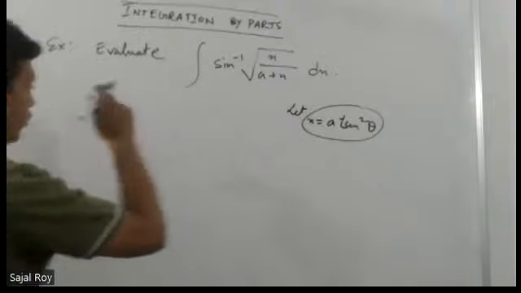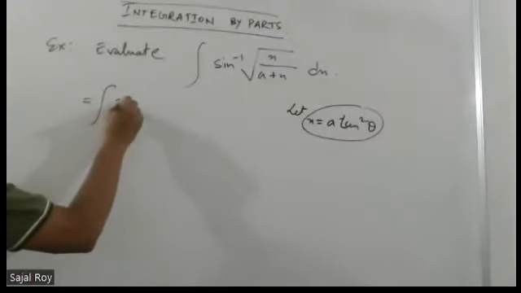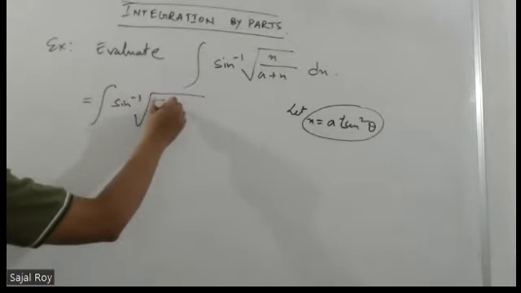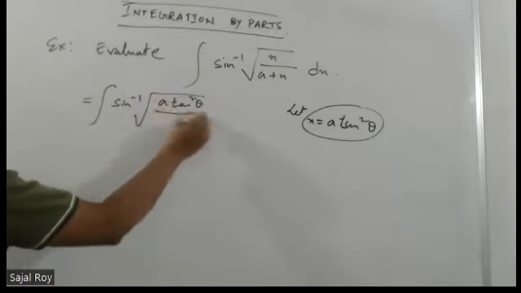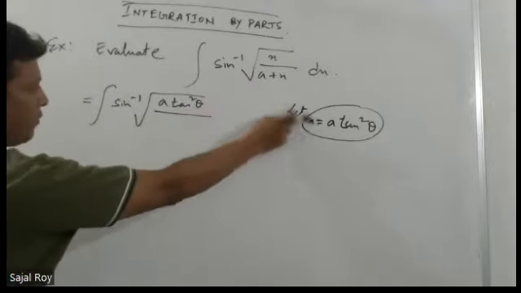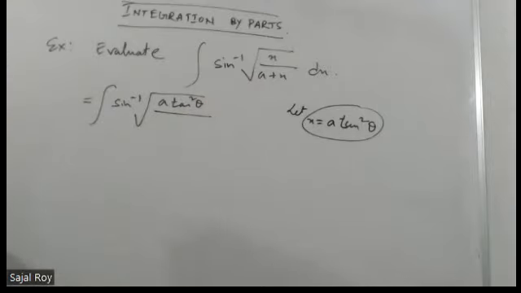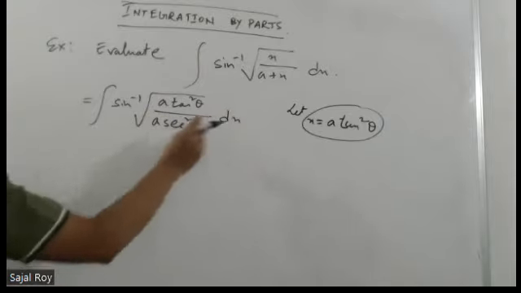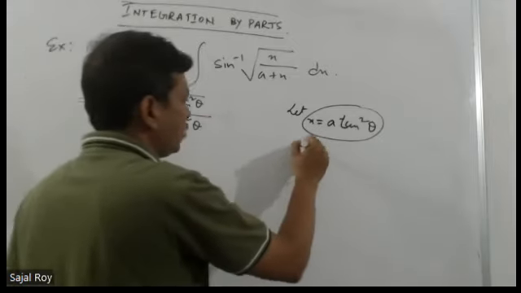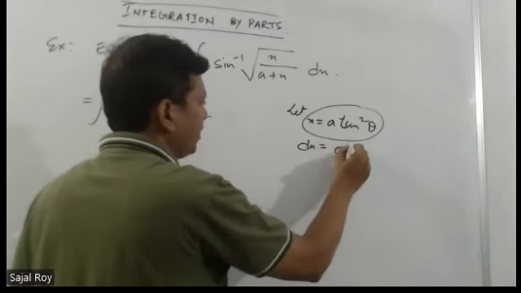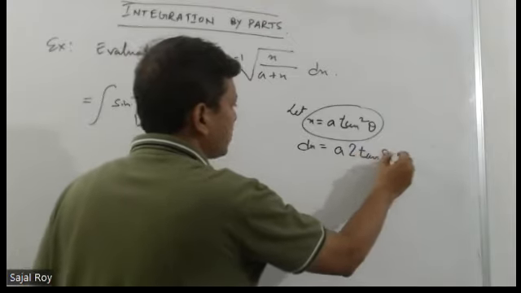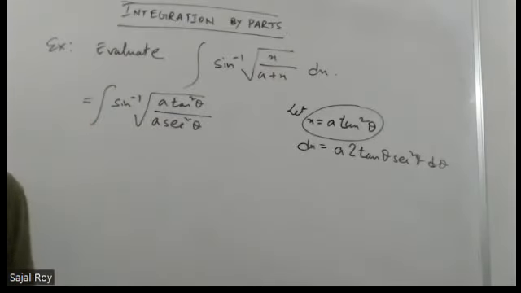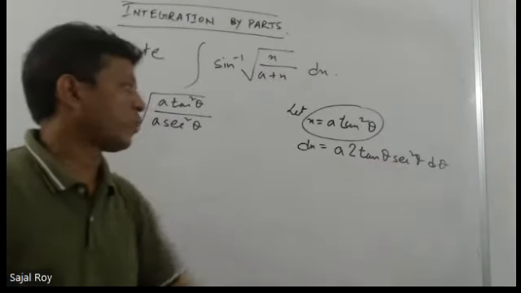First you have to simplify this part, otherwise you cannot integrate. So a tan square theta over a common factor, 1 plus tan square theta is sec square theta. So a sec square theta. Your dx will be the derivative, 2a tan theta sec square theta d theta by chain rule, since the derivative of tan square theta is 2 tan theta sec square theta.